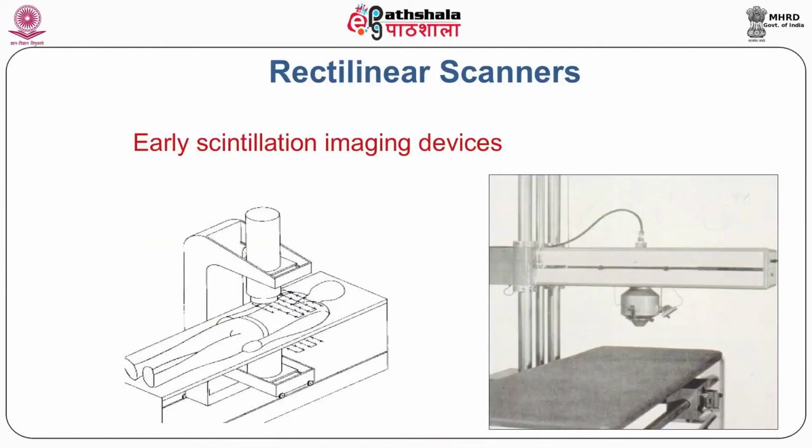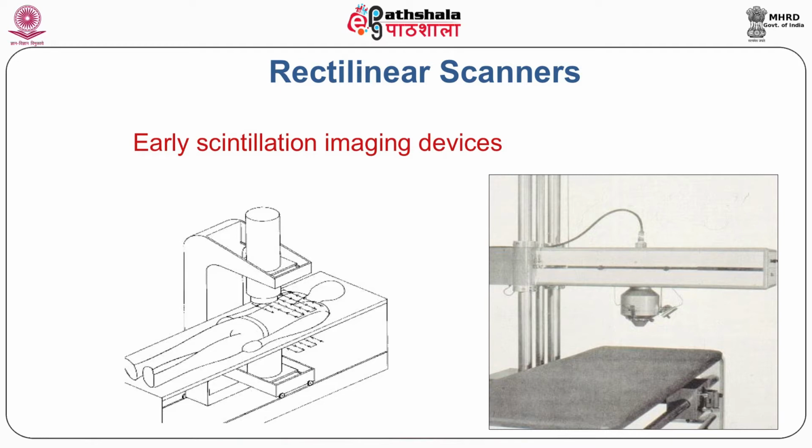The object in our case is a patient. As we were talking about, the first important device by which we were able to diagnose these radionuclides is a rectilinear scanner, which contains a probe. Whenever a signal comes and hits the PM tube, a signal is generated, and the probe marks that particular page.